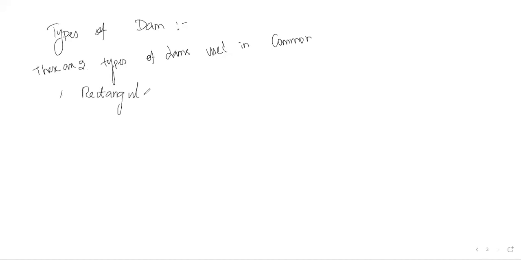Types of dam, with respect to structure shape. The commonly used dams are of two types: one is the rectangular dam, another is the trapezoidal dam.